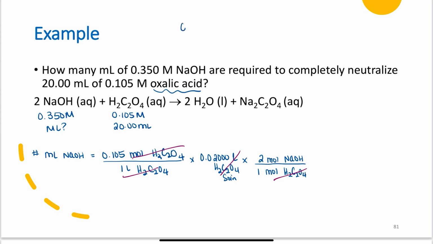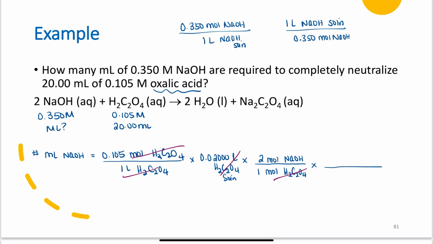And remember what that concentration means. That means 0.350 moles of NaOH to 1 liter of NaOH solution. Or I can write that as 1 liter of NaOH solution to 0.350 moles of NaOH.